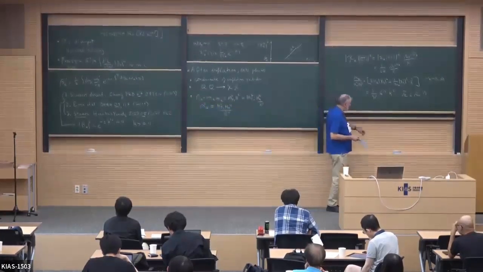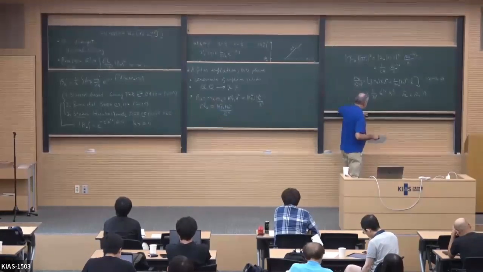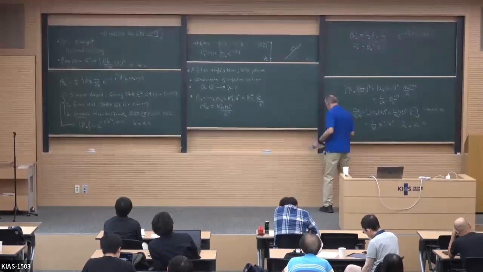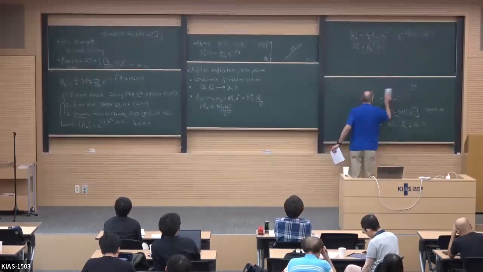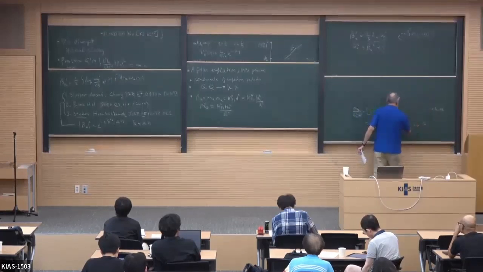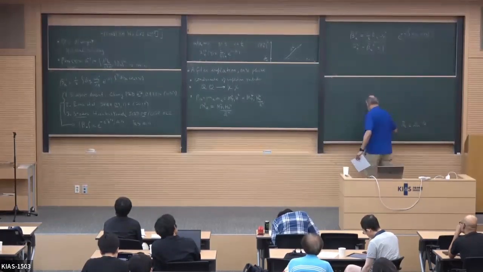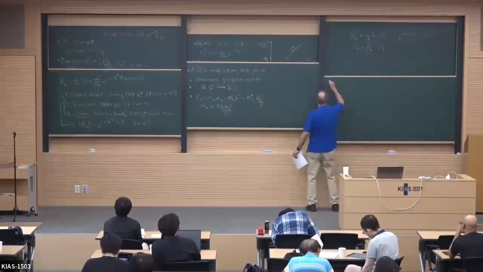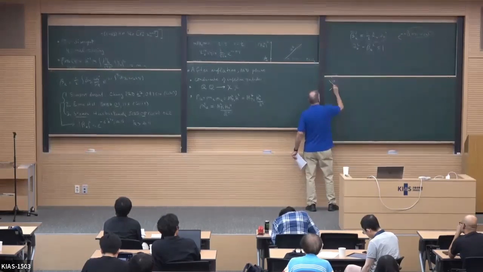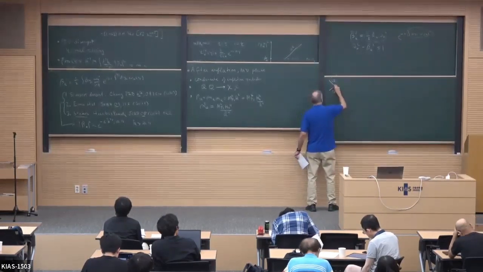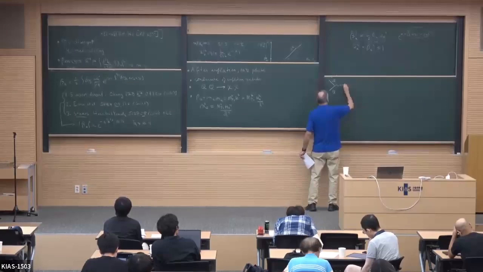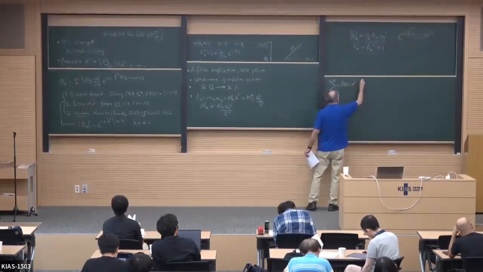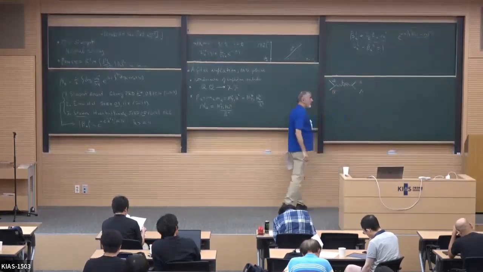So what we're going to do is to consider processes where you have two inflaton particles producing a graviton, producing the chi's.